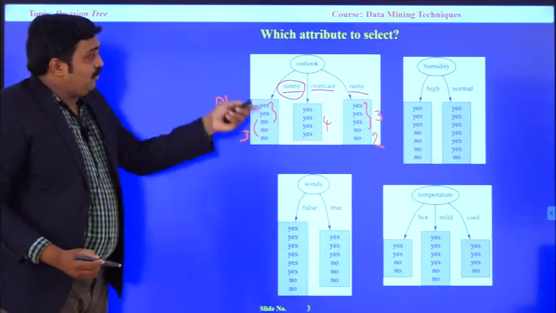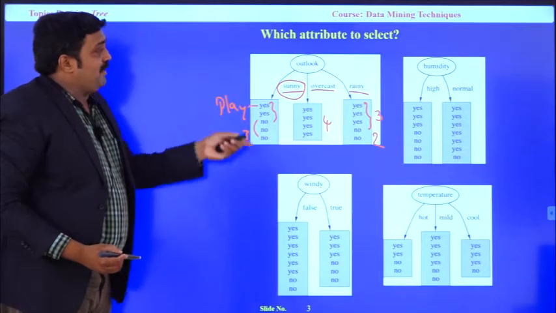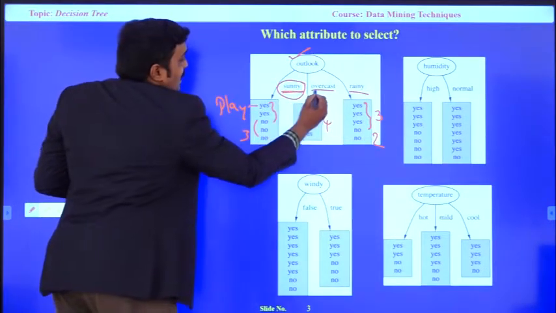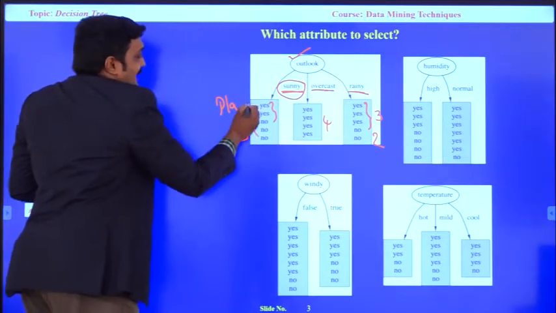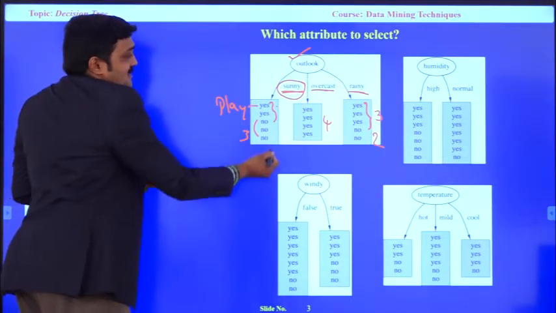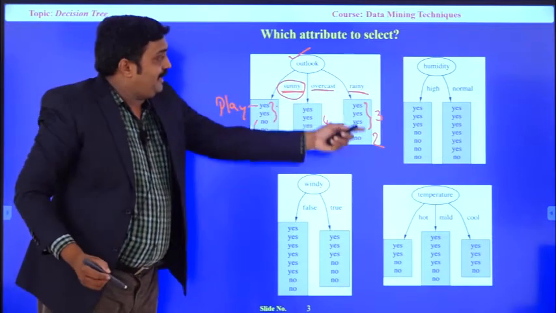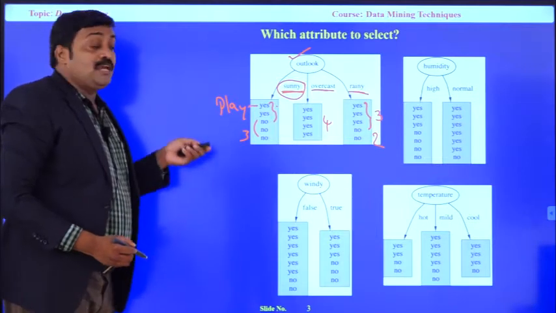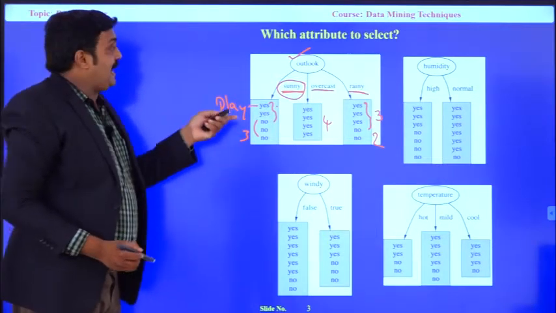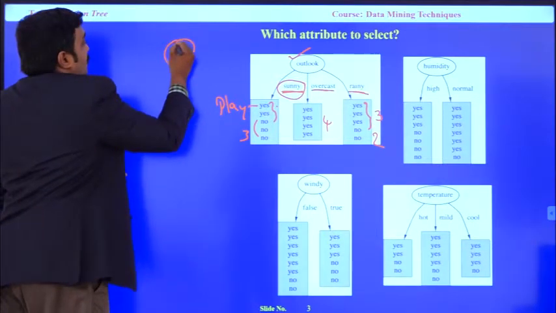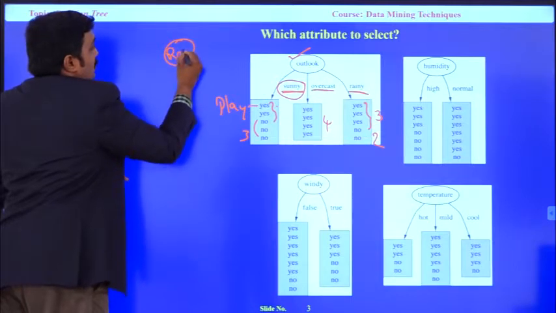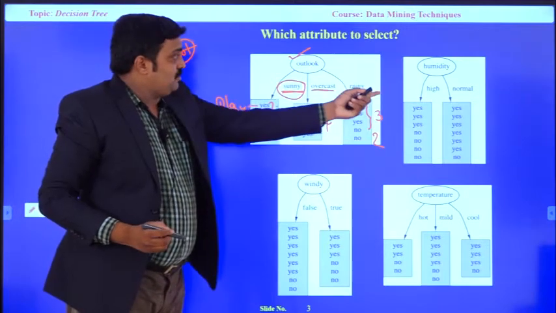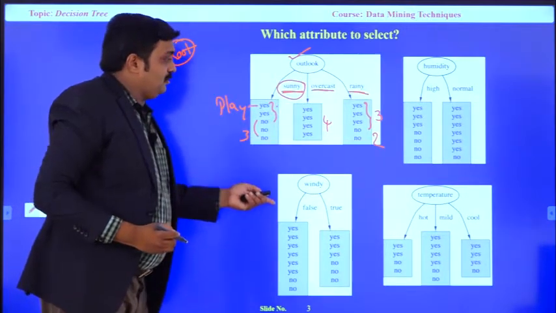I am constructing a combination of each attribute of the data set with the different values belonging to that attribute, and finally the target is whether he is going to play yes or no. For that I am going to create all the combinations. Now, based on this, I want to choose which attribute should be the root node: outlook, humidity, wind, or temperature.